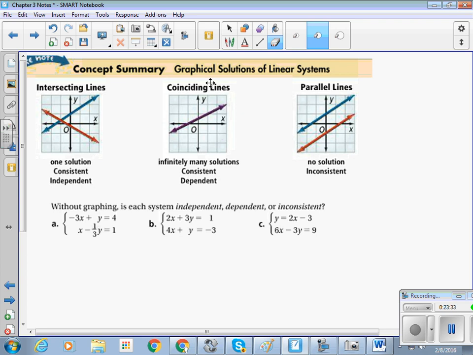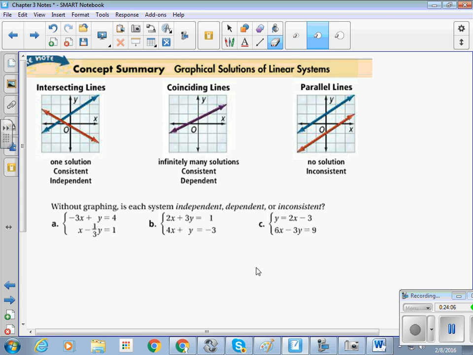When you have lines that are coinciding, one right on top of the other, the same line, there are infinitely many solutions. It is a consistent system and a dependent system. And when you have parallel lines, that means the two lines never cross, so there's no solution and it's inconsistent. So: consistent independent, consistent dependent, and inconsistent.